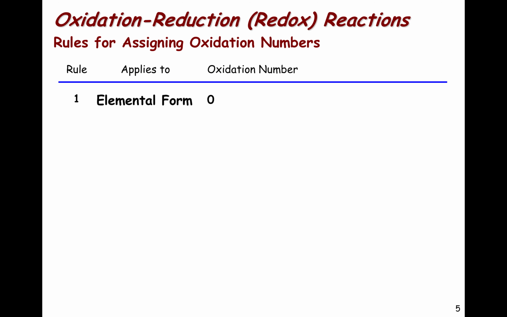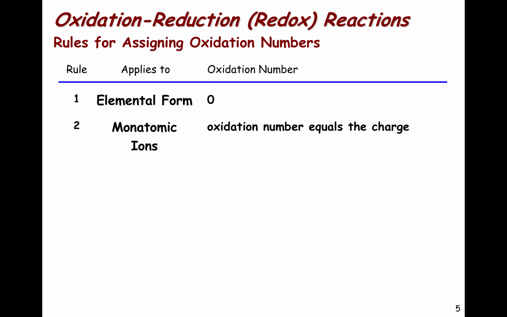The first rule is any element is assigned an oxidation number of 0 because there are the same number of protons in the nucleus as there are electrons orbiting the nucleus, so no net charge. In the second case, if I have a monoatomic ion, either a cation or an anion, the oxidation number corresponds to the charge of that ion.